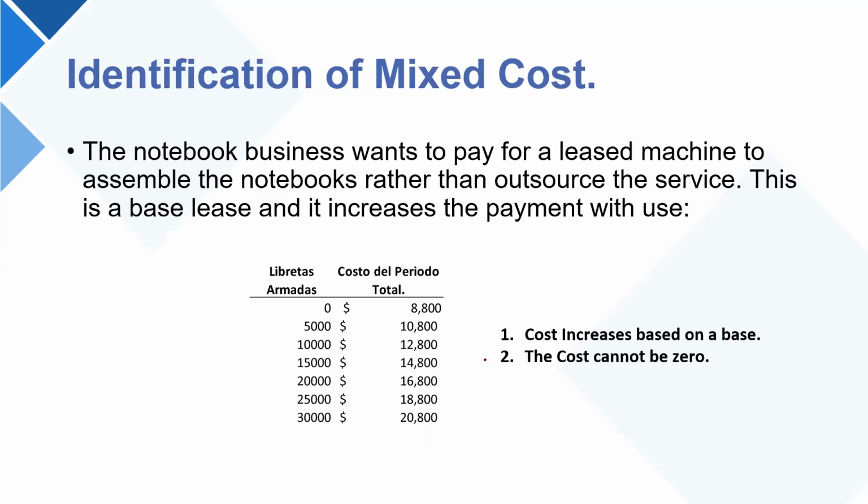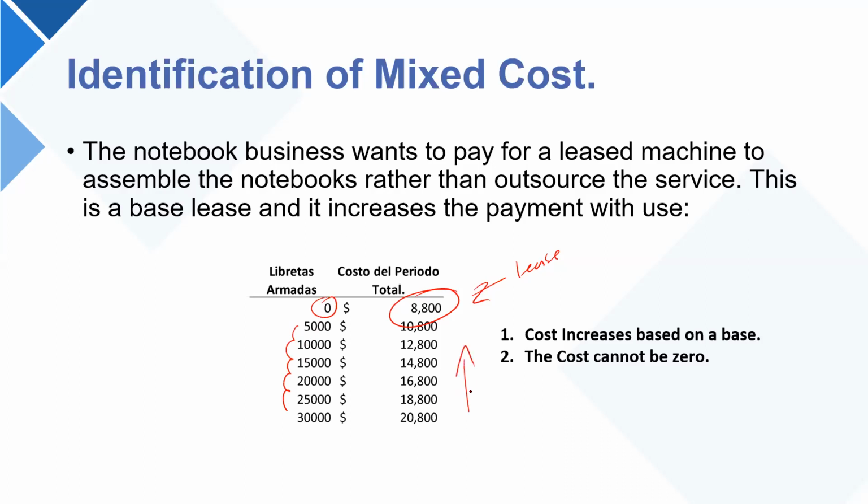So let's think in this example that we start with 8,800 pesos as a lease payment. And it's a lease payment, so it doesn't matter how many notebooks you manufacture, you need to pay that right off the bat. And as the production increases, then the price of the lease increases.